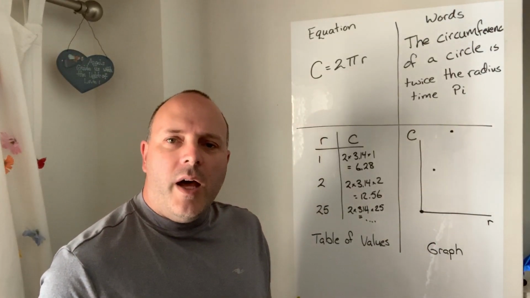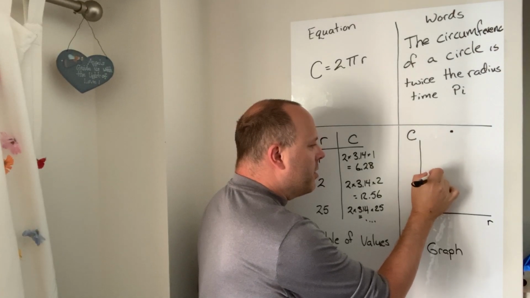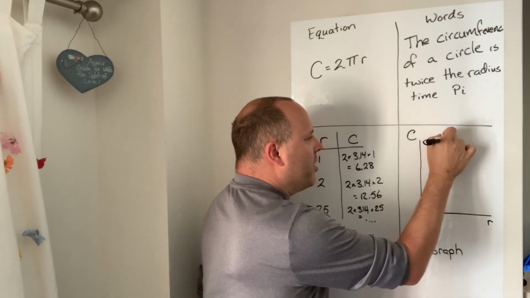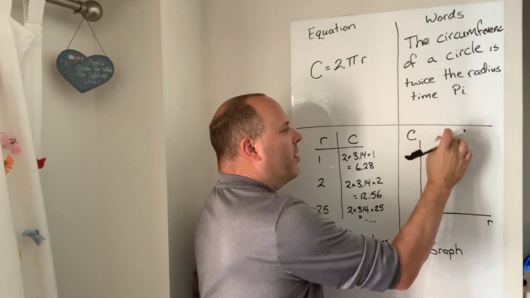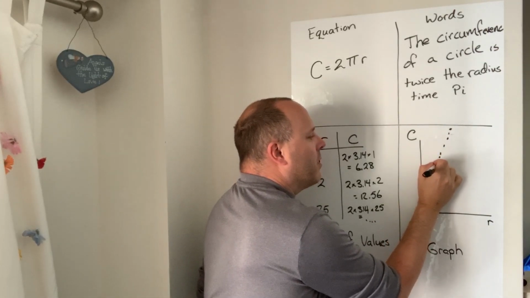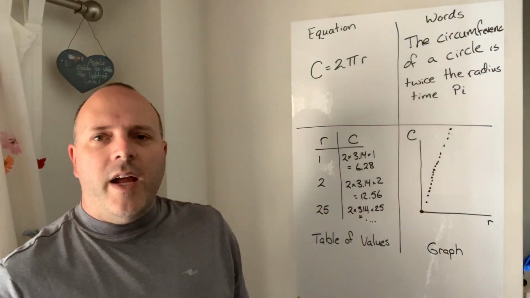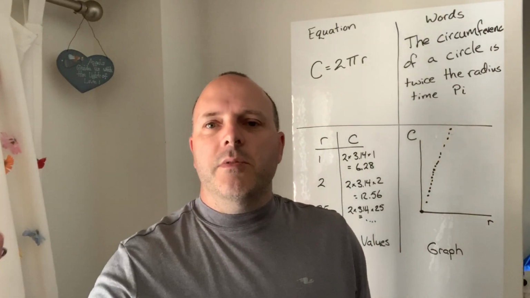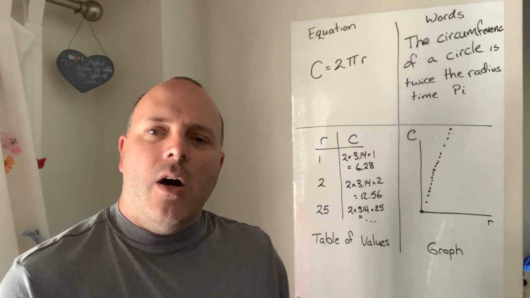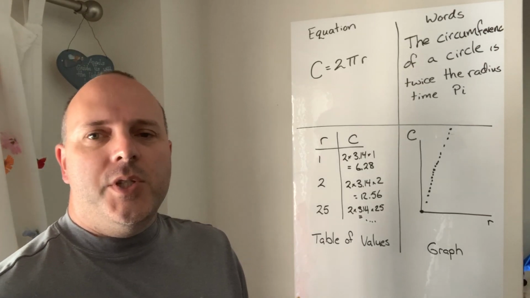And if I keep plotting all these points, I find different radiuses and different circumferences that all match up with each other and come out in a nice straight line. I can keep finding as many different radiuses and as many different circumferences as I want, and they all match up in this nice straight line, always a perfectly straight line.